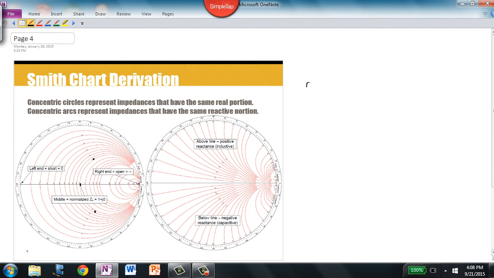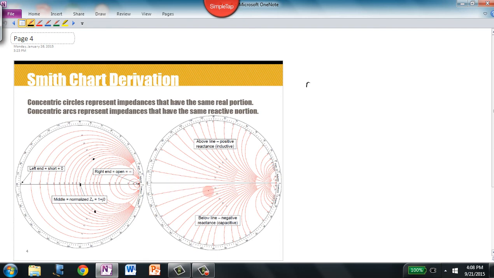If the Smith chart is being used to represent reactance, the top half of the plane is inductive and the bottom half of the plane is capacitive. If, on the other hand, the Smith chart is being used to represent susceptances, the relationship has to be inverted. What you'll notice is that the closer the arc is to the real line, the smaller the impedance or the susceptance value that line represents.